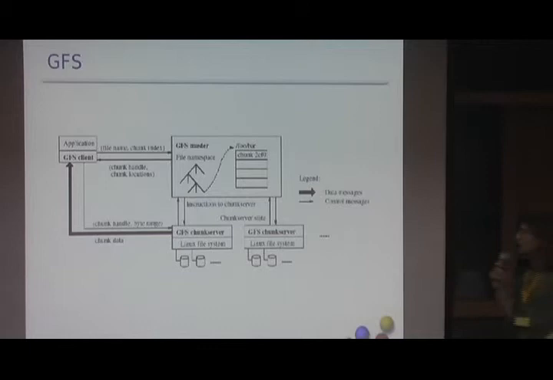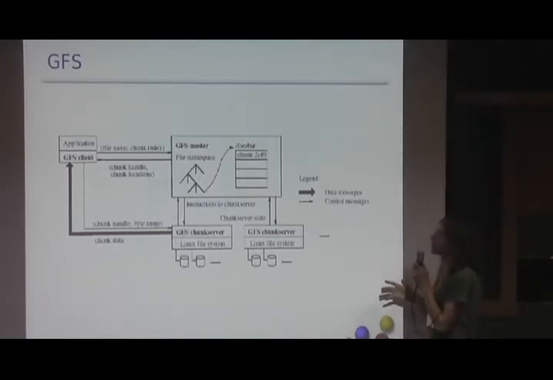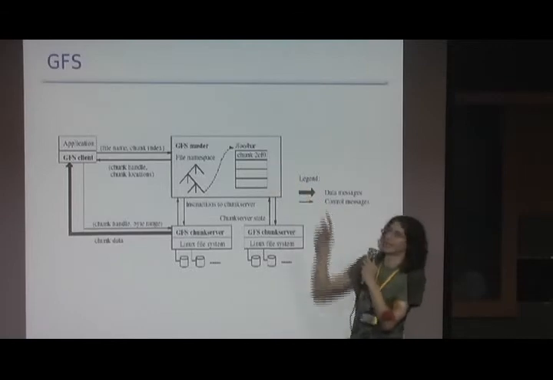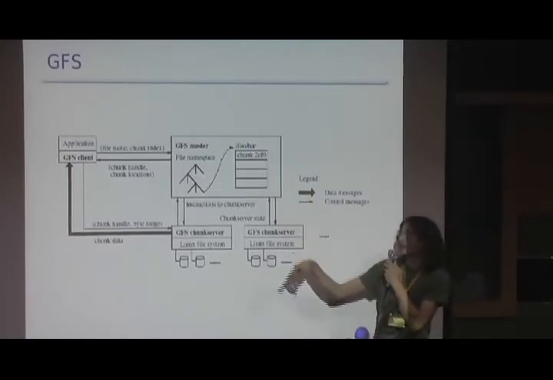So GFS is a distributed file system, and what's really cool about GFS is you have a master, but the master of the file system doesn't really do anything except keep meta information. It basically stores a mapping from a name to a chunk ID. And a chunk ID is just an address on one of these chunk servers.